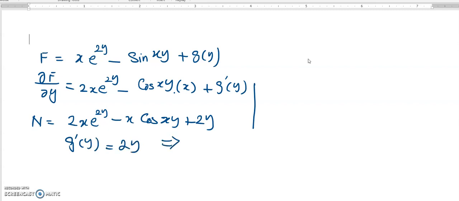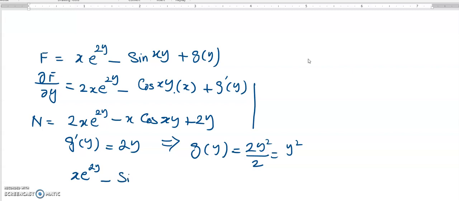Then from here we can find g of y by integrating with respect to y, so it will be 2y square over 2, so it will be y square. And the solution function will be this. So x e power 2y minus sine xy plus y square should be equal to a constant.